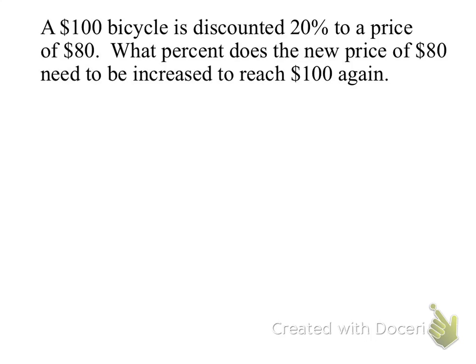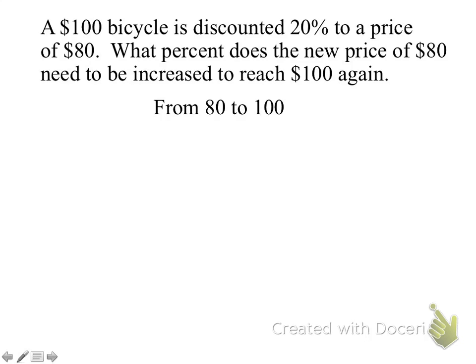Okay. So now we've got a $100 bicycle discounted 20% to a price of $80. What percent does the new price of $80 need to be increased to go to 100 again? Now, this is very tricky. You may think it's 20%, but it's not.